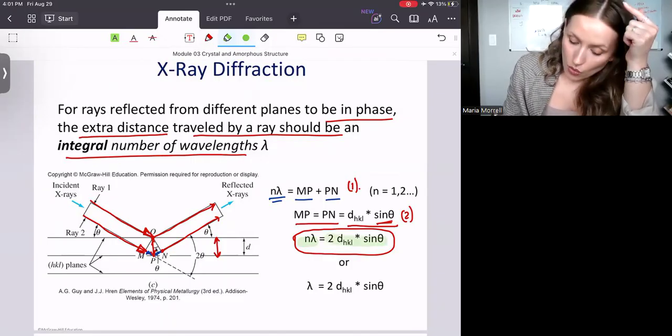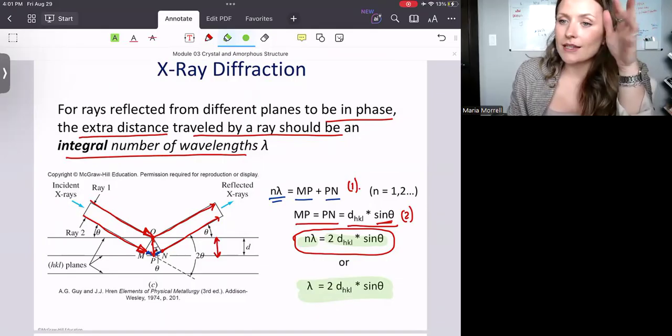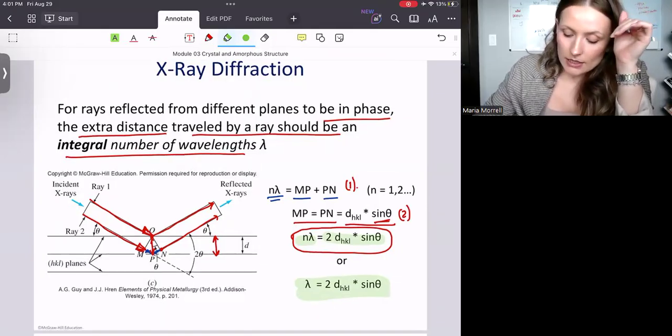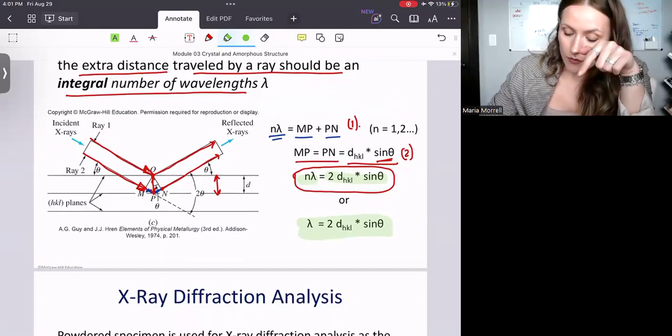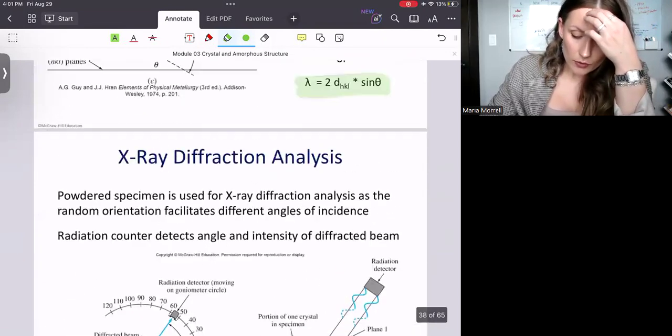For simplicity, we're just going to assume that n is equal to 1. This is also known as Bragg's law, and this is going to be very helpful.